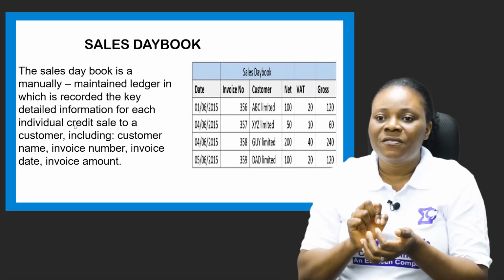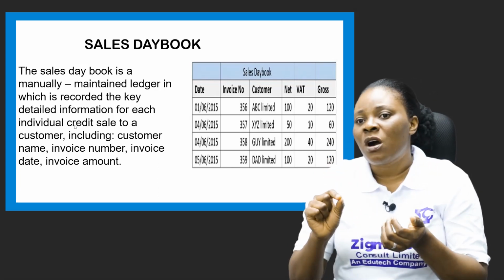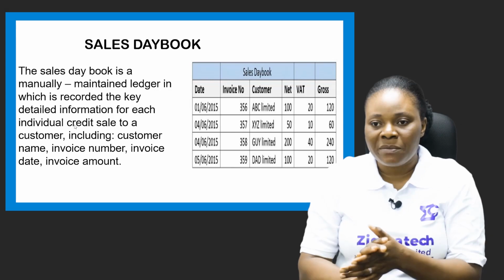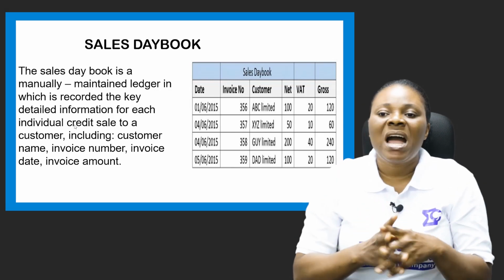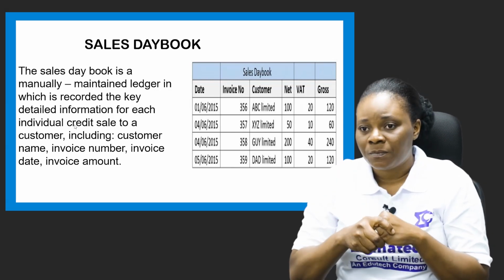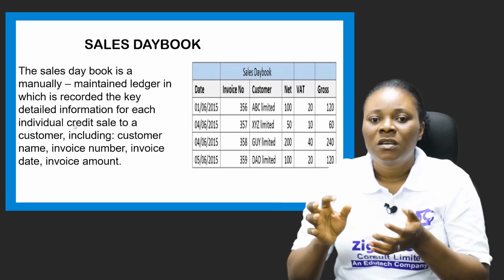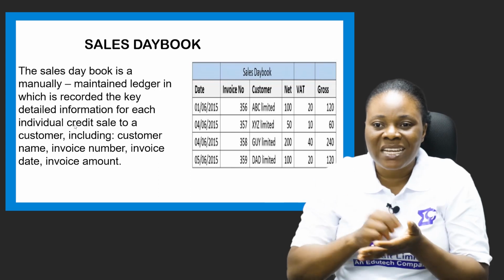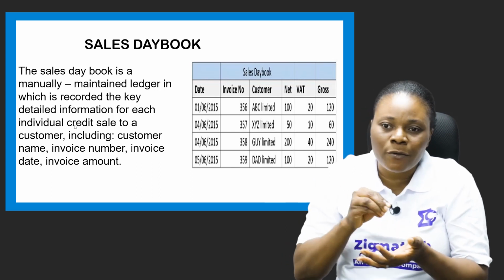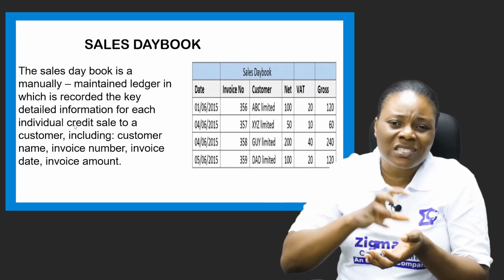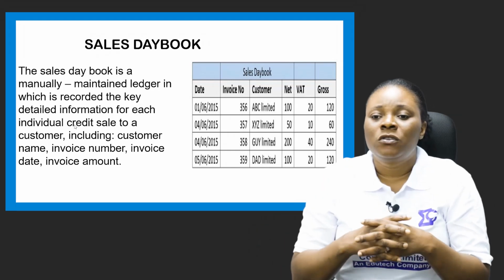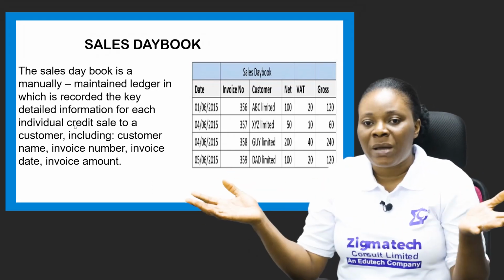So the number on the invoice is recorded in the sales day book, as you can see. Then we have the name of the customer. Then you have the date on the invoice. That means the date you as a seller supplied the goods to the buyer.